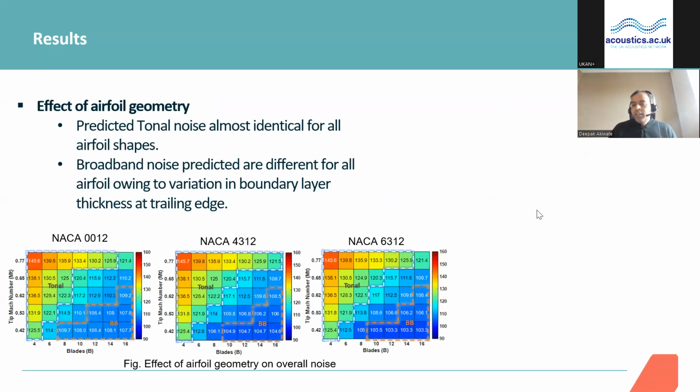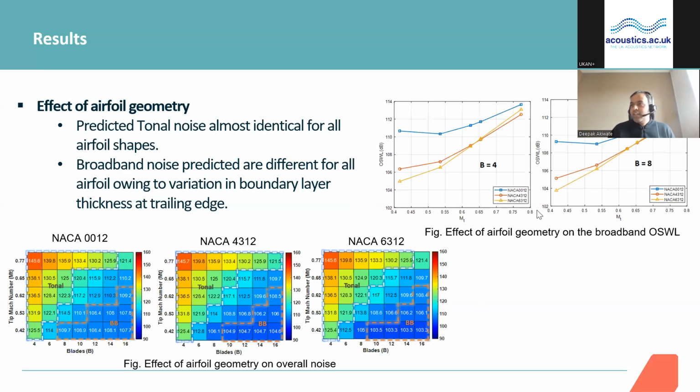Apart from that, we also looked at the effect of the airfoil geometry, and I have shown three different 2D plots as previously, but for different airfoil shapes. One is for the symmetric NACA 12 and the other two are for cambered airfoils. What we observed is that the predicted tonal noise is almost identical, but the broadband noise predictions are slightly different, owing to the variation of boundary layer thickness at the trailing edge.